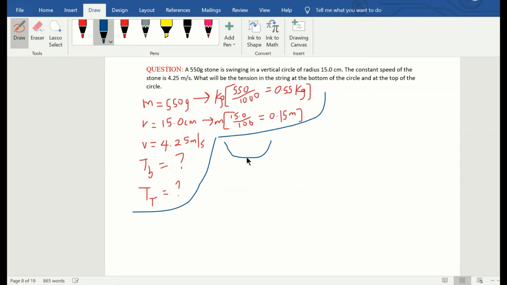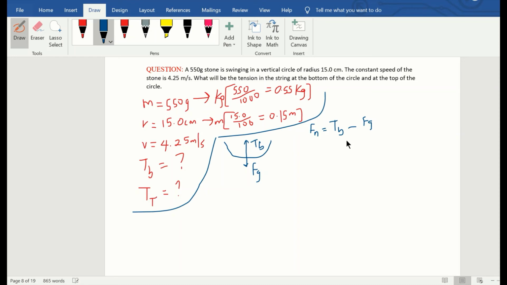At the bottom is the bottom. This is the weight. And right here is the tension at the bottom, which is acting towards the center. Now, you all know how we derive the equation. So Step 1, we find the net force. So the net force is equal to tension at the bottom minus the weight.